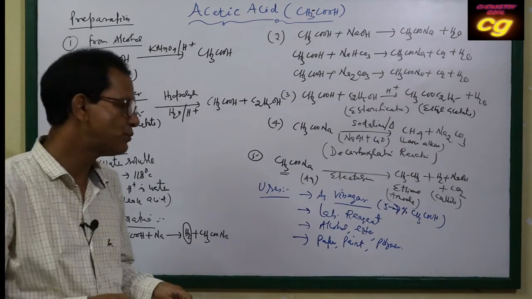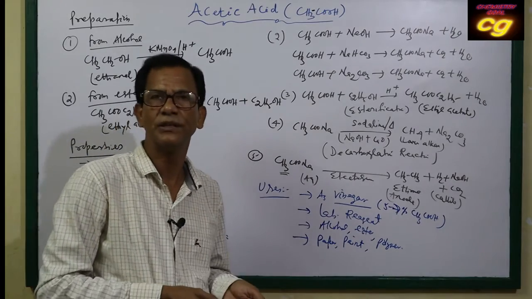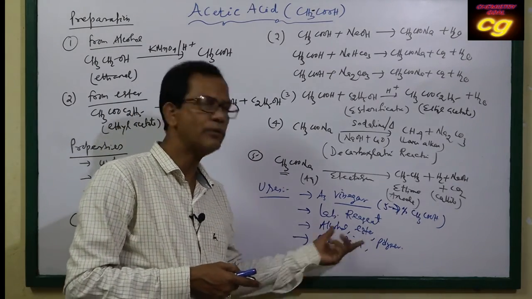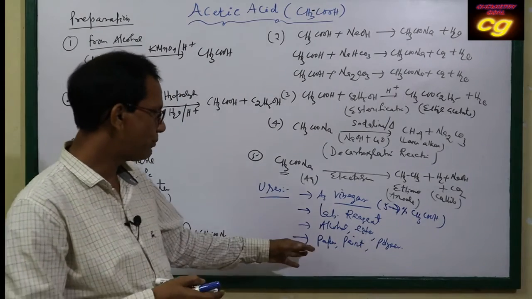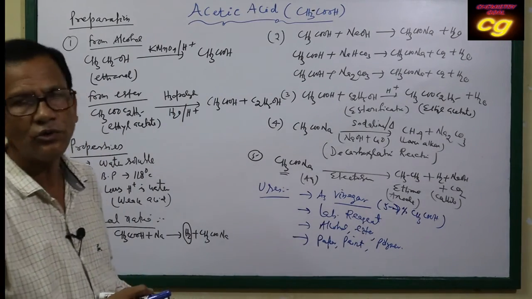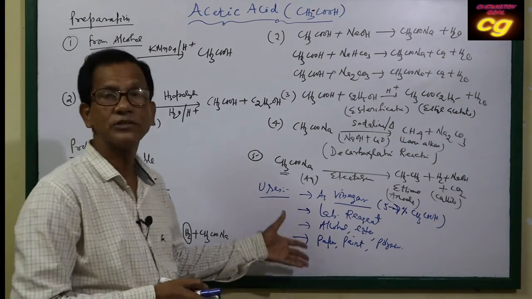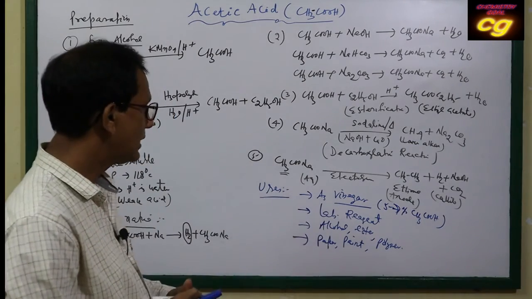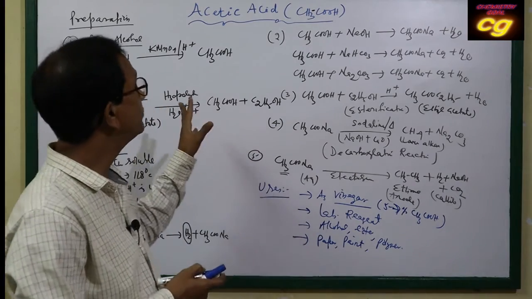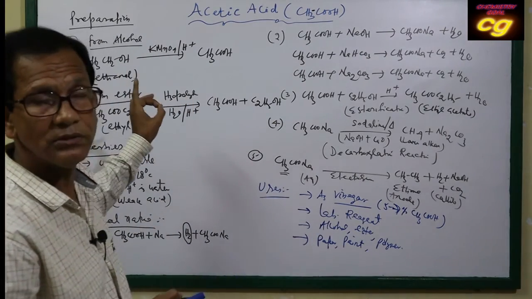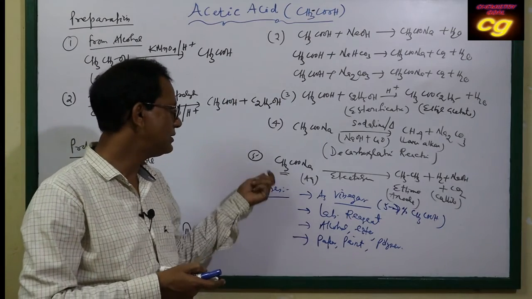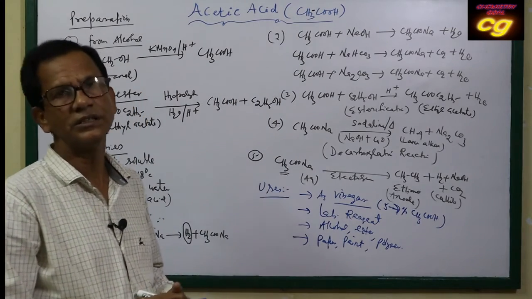Polyvinyl acetate is used as a polymer, prepared from acetic acid. So the paper industry, paint industry, polymer industry also use it, and some preparation of other organic compounds is possible from acetic acid. So these are some important preparation, physical properties, chemical properties and uses of acetic acid.